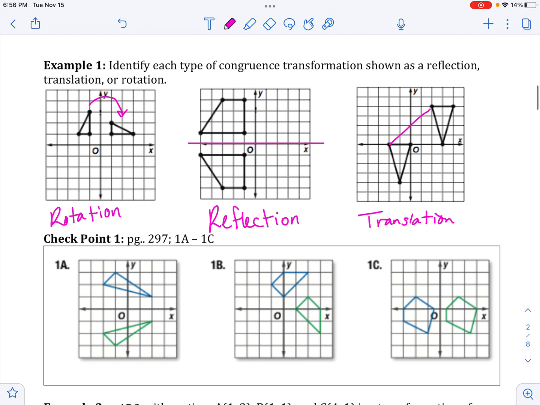It looks like everything moved very nicely in the same direction, the same exact amount. 1A, it looks like I have another reflection over the x-axis. This looks like a rotation. And then 1C appears to be a translation again.